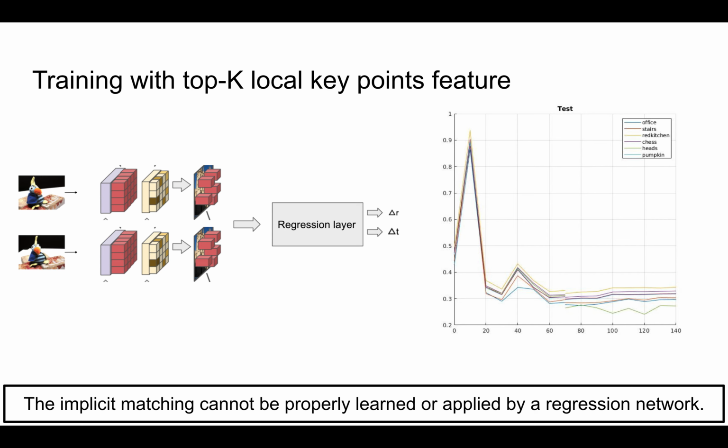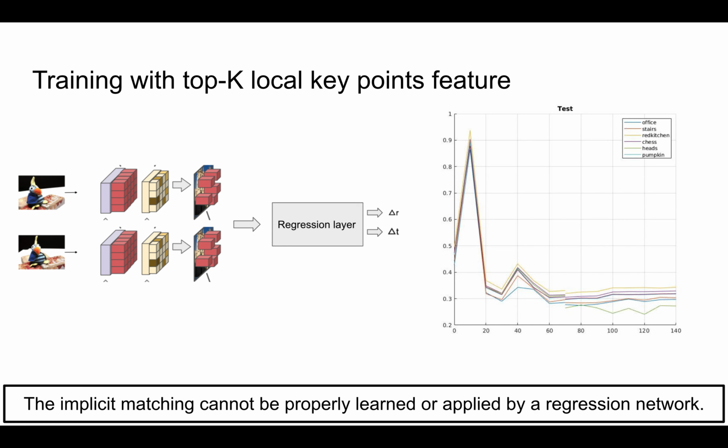Then we tried to extract local features with specific positions on the images and regress the relative pose based on the local features and position information. However, it still cannot be properly learned this way.